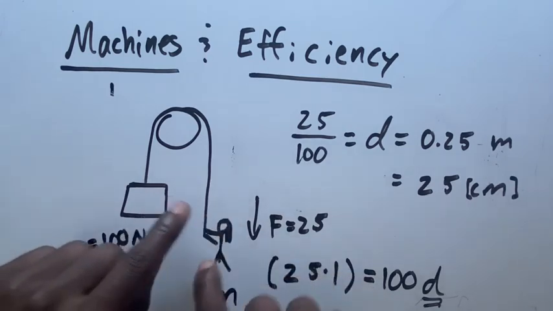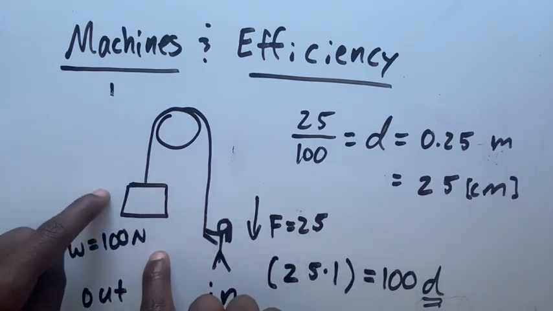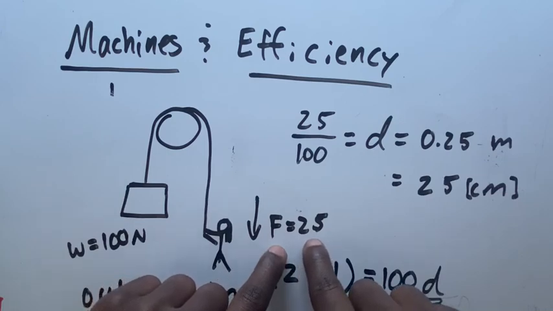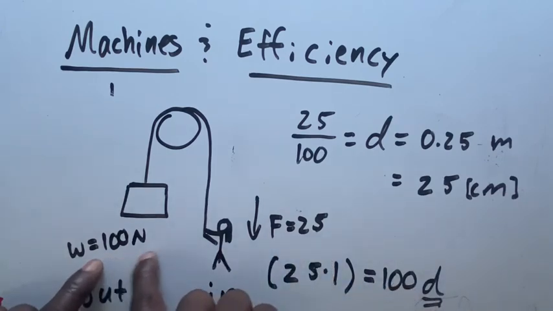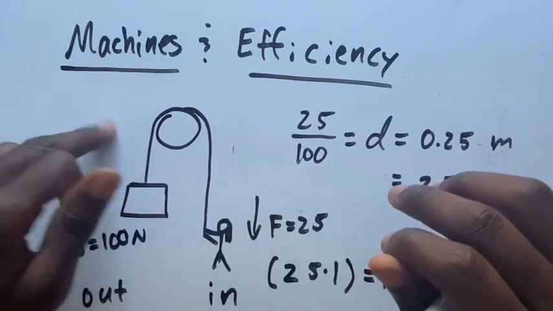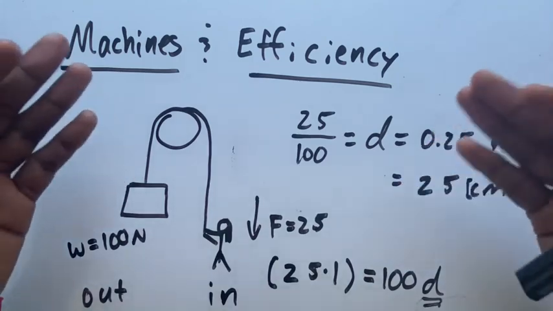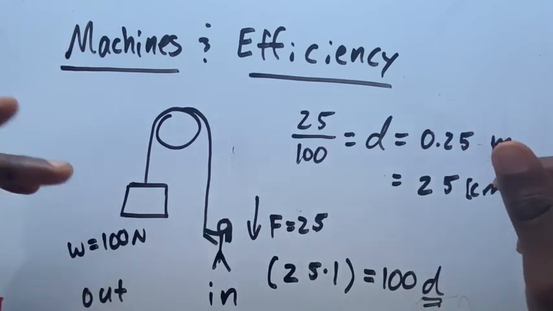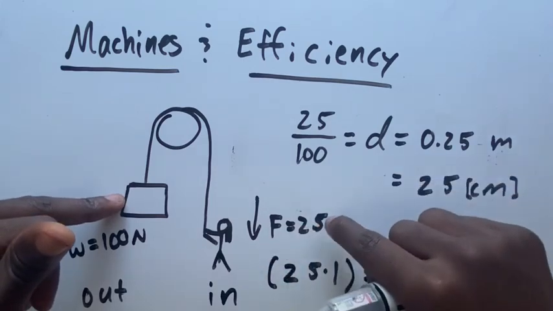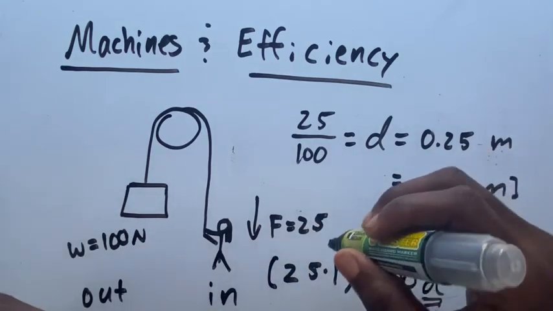She can just continue to pull on this rope, and it'll go as high as she needs. That's the whole idea of a machine: a machine is supposed to make work easier, so you can lift heavy things even though you can only lift with so much force.